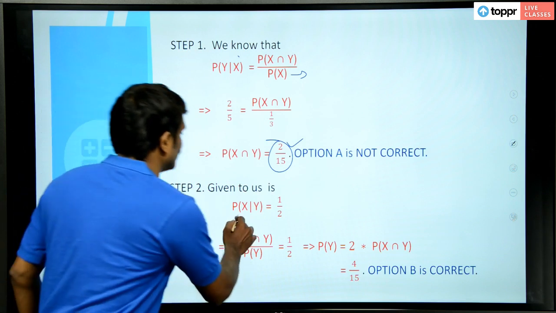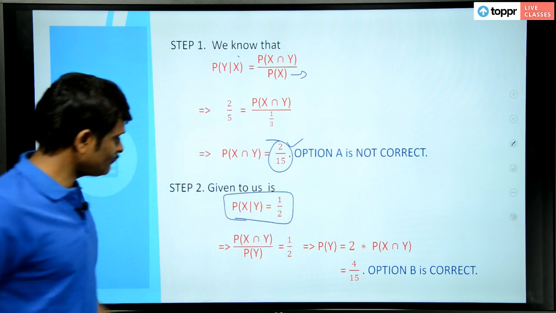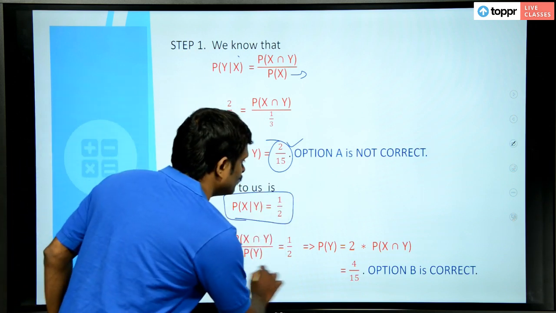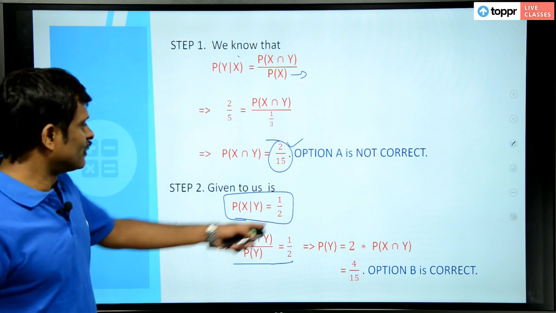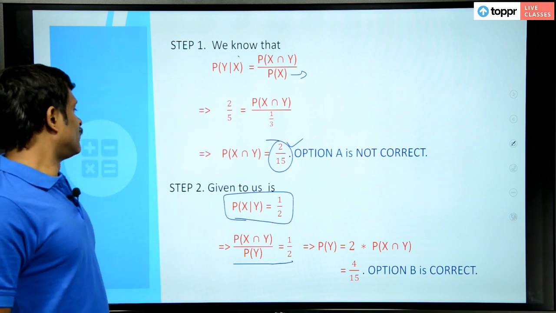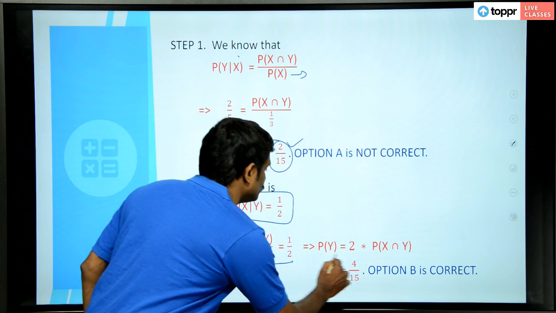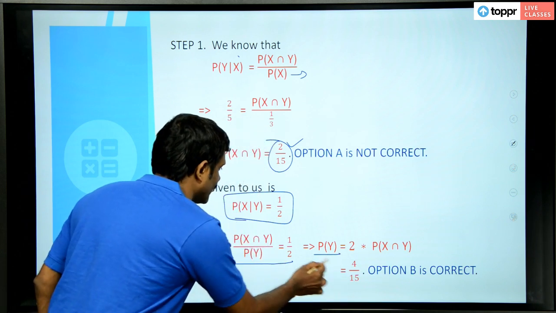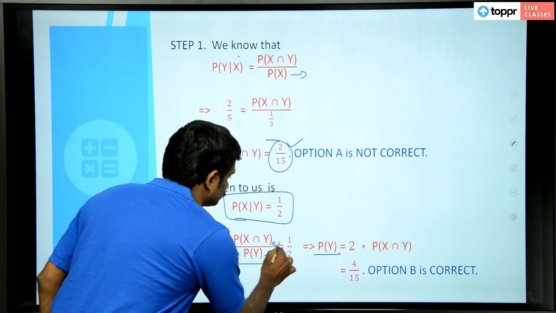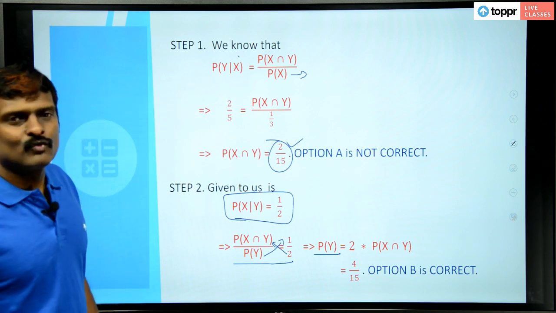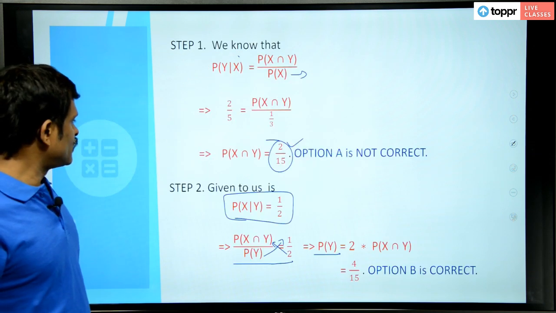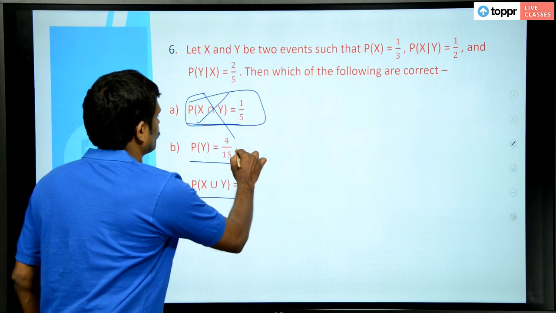So, x given y is given as half. I substitute the value, with the probability of x intersection y over the probability of y, and when I cross multiply, I get the probability of y equal to 4 by 15, which is the second option, which is correct.